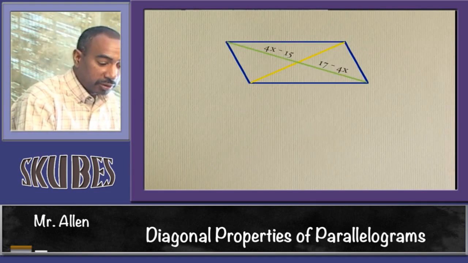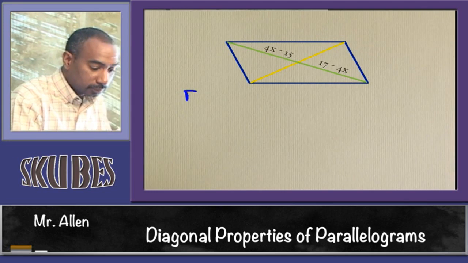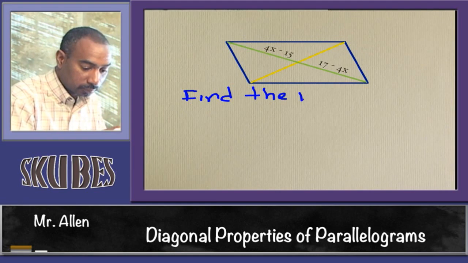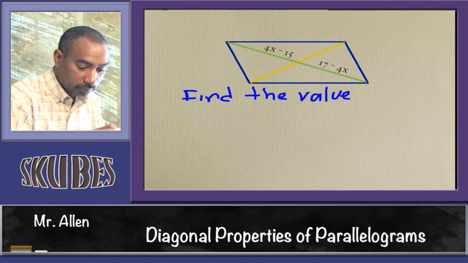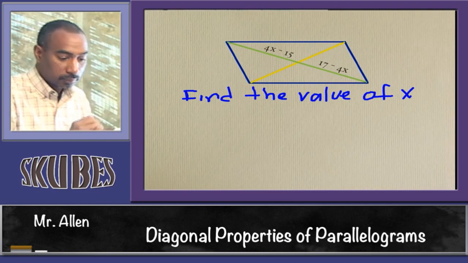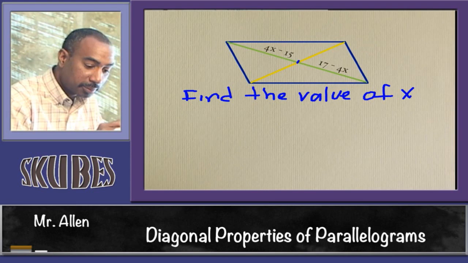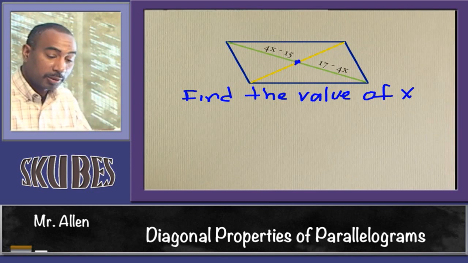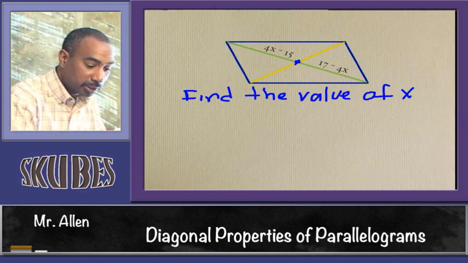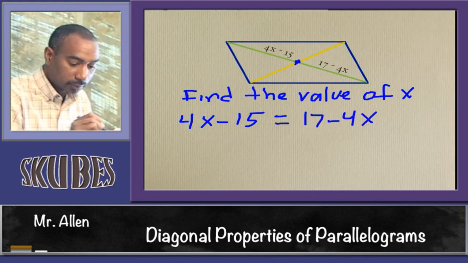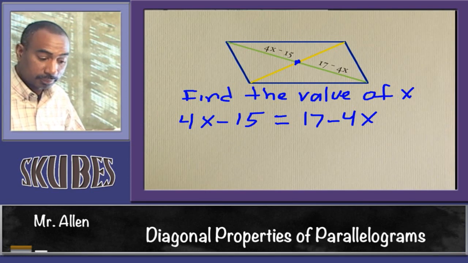Let's say I want to find the value of x. Okay, I know that these two diagonals bisect each other, and because it's a parallelogram, I can set the two expressions equal to each other. Right, and from there we just solve.